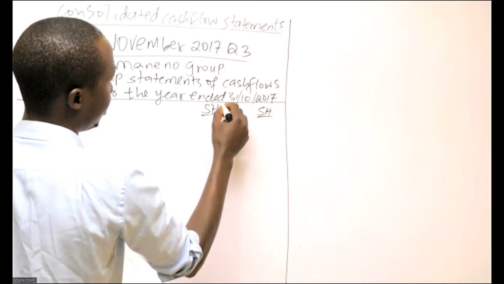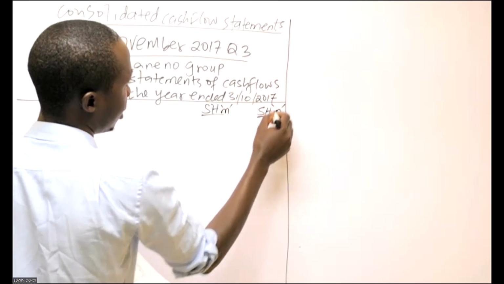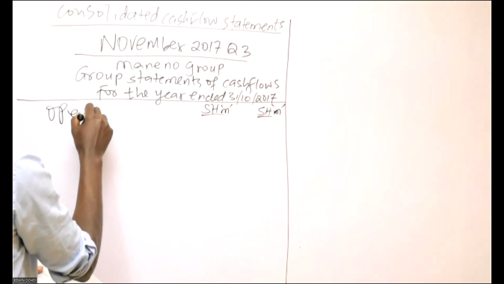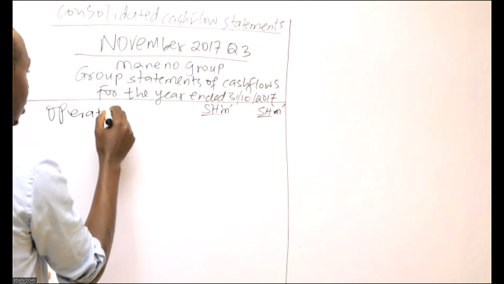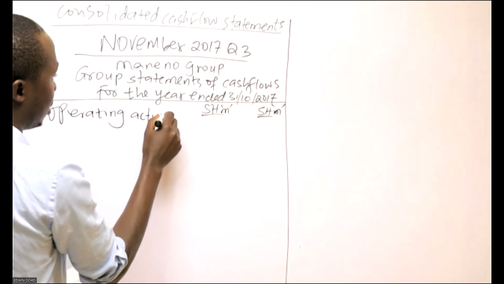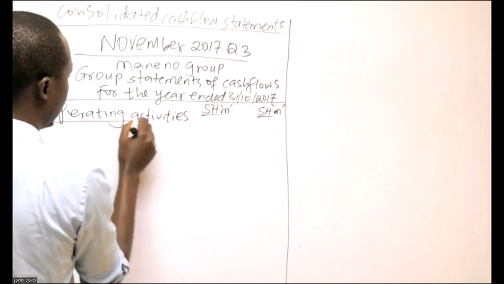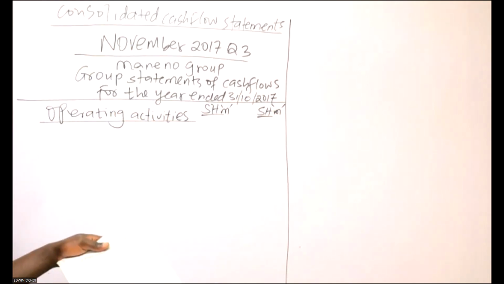So remember that it is in millions here. So we start from operating activities.